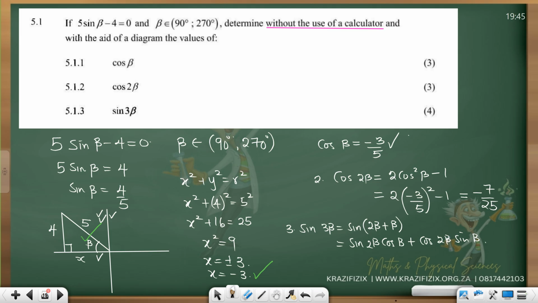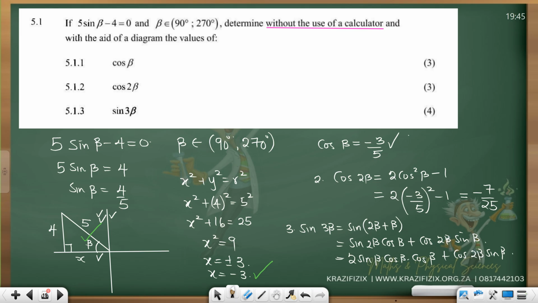The question is, what is sine 2b? Do we multiply by 2? No. Is that an identity? Yes. 2 sine b cos b multiplied by cos b plus cos 2b sine b. We are just going to substitute now.